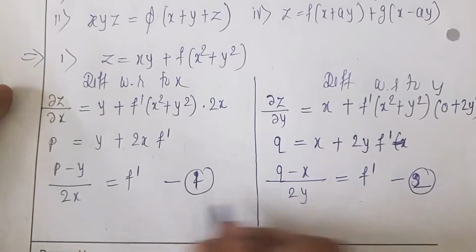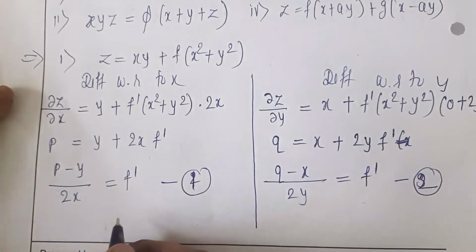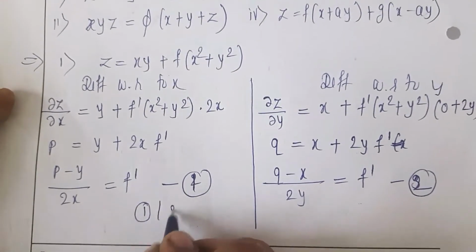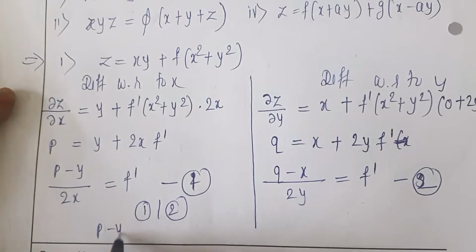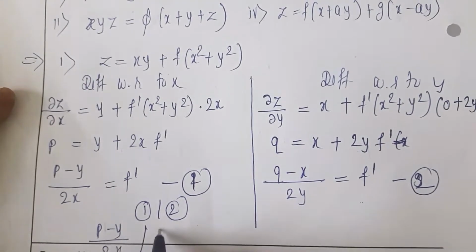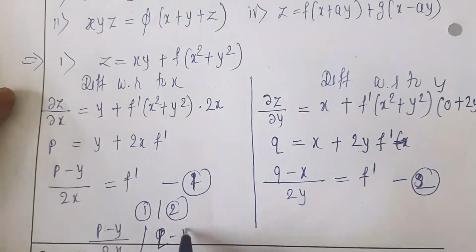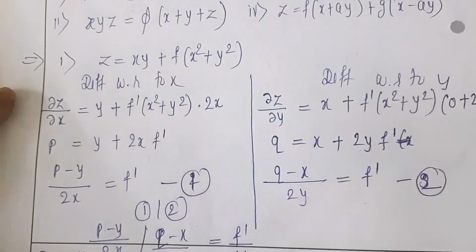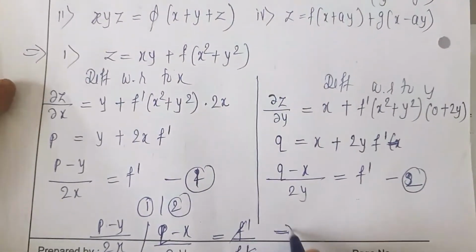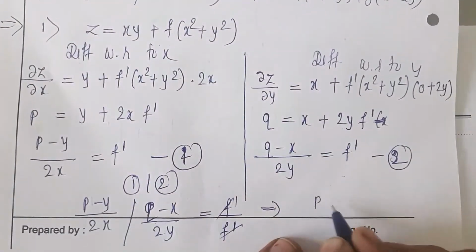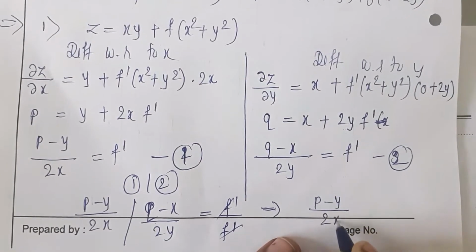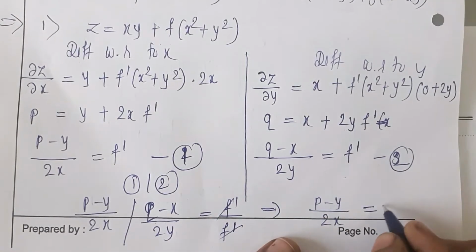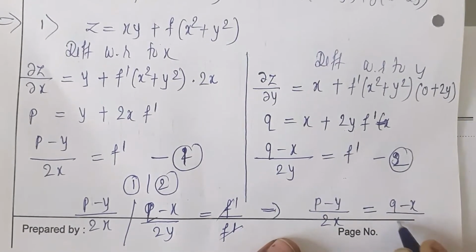Now if we divide 1 by 2, this f dash will get eliminated. That we want to eliminate because it is an arbitrary function. So p minus y divided by 2x, whole divided by q minus x divided by 2y, is equal to f dash divided by f dash. So this f dash gets cancelled. Remaining is p minus y divided by 2x, and the right side is 1, so this is equal to q minus x divided by 2y.